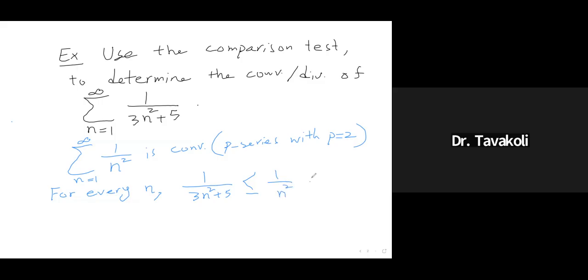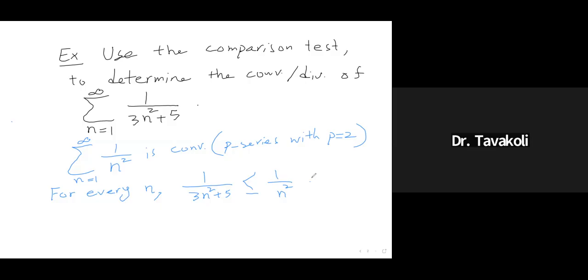They have the same numerator, but the denominator of the fraction on the left is larger, which makes the fraction on the left smaller. So if we have two fractions we want to compare, and they have the same numerator, and the denominator of one of them is larger, then the fraction with the larger denominator is smaller. So here we have this.